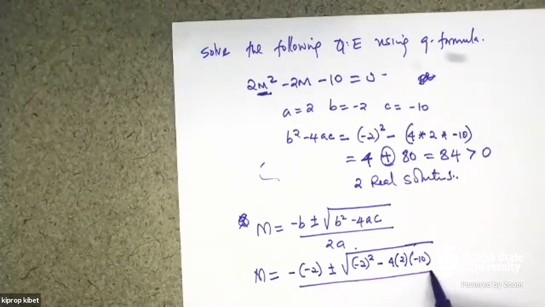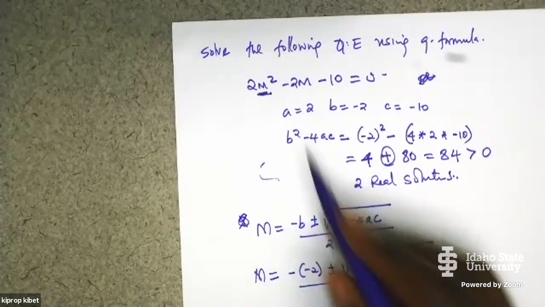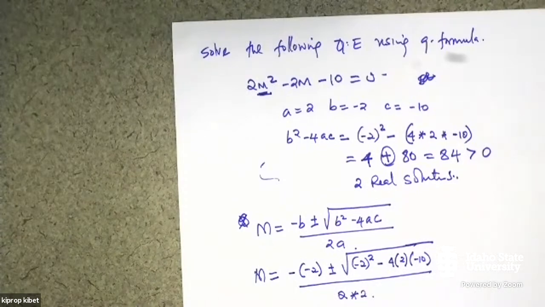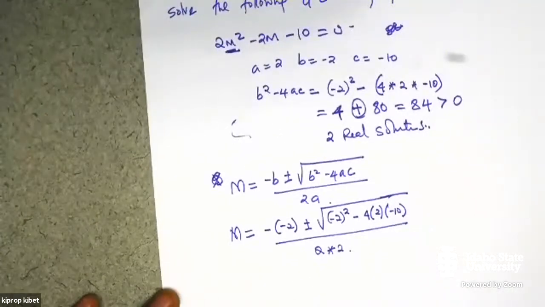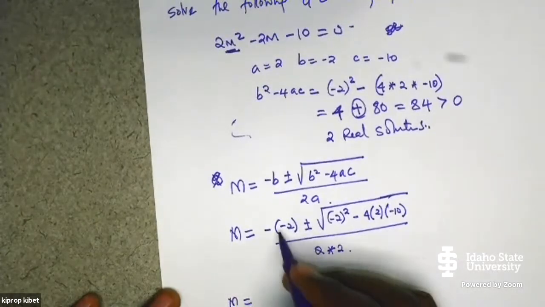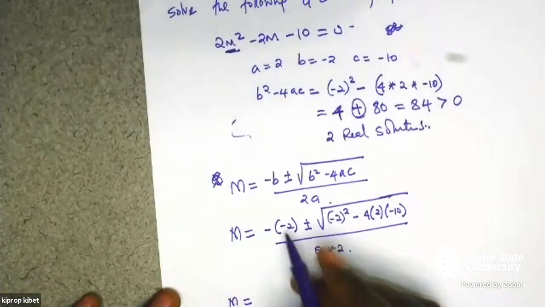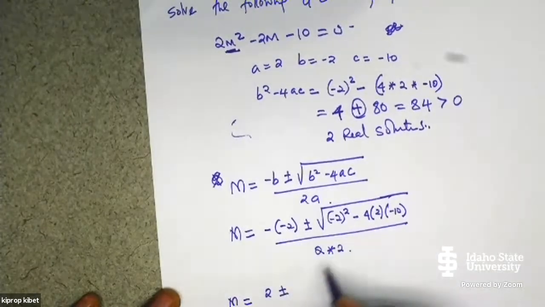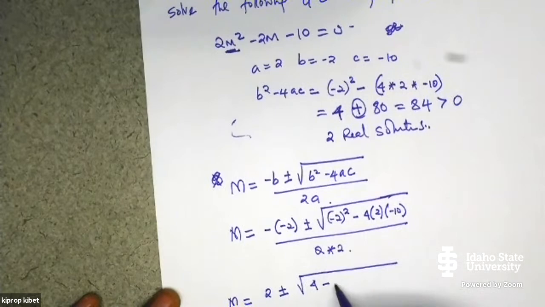And then divide by 2 multiplied by A. Our A is 2. So our m equals minus times a minus is 2, plus or minus the square root of 4 plus 8, all over 4.